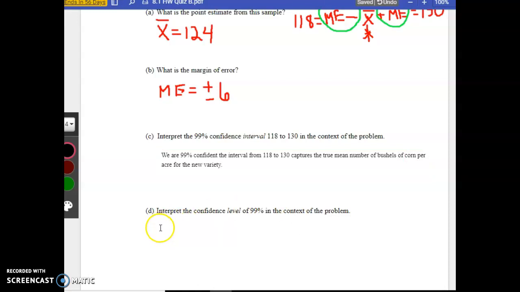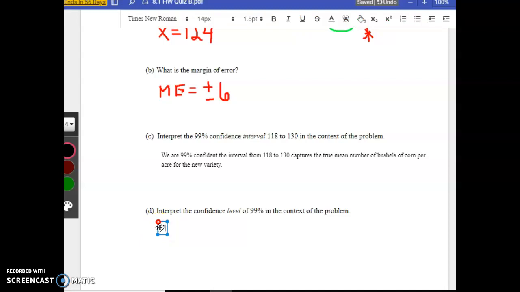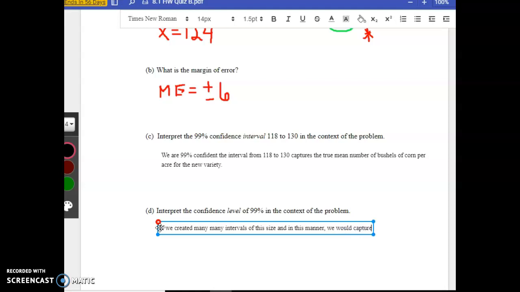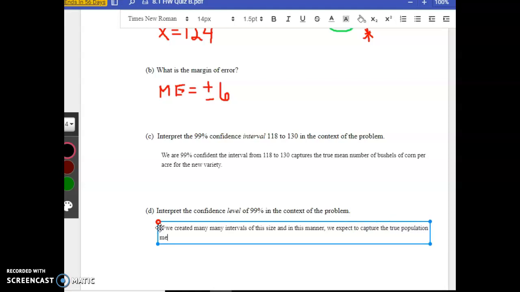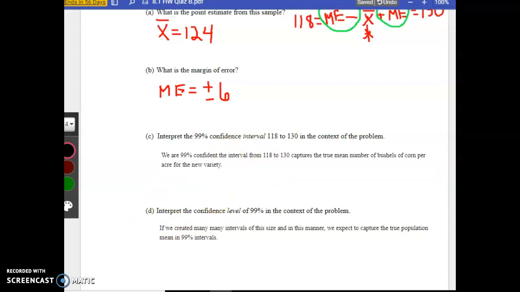So the confidence level means if we reproduce the interval many, many times, created many, many intervals of this size and in this manner, we would capture, or we expect to capture, the true population mean in 99% of intervals. So that's the difference between the confidence interval versus the confidence level.